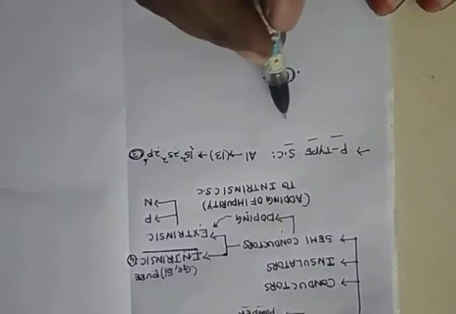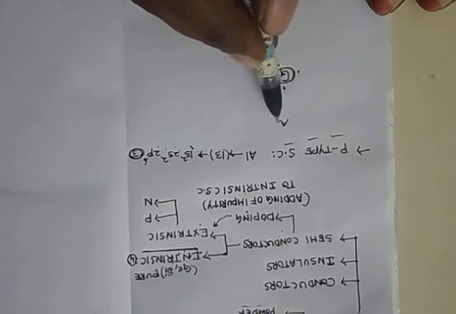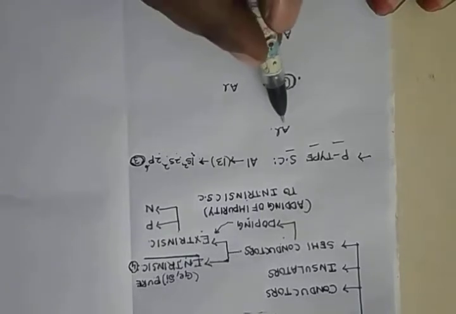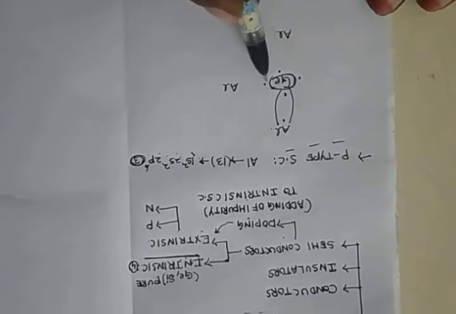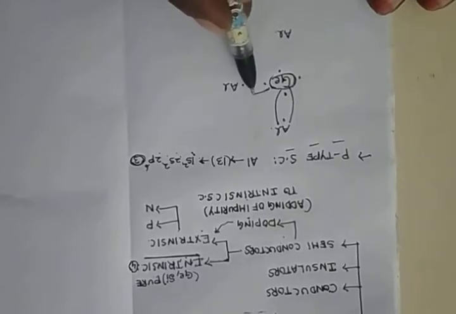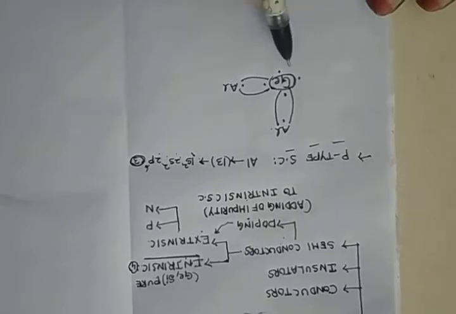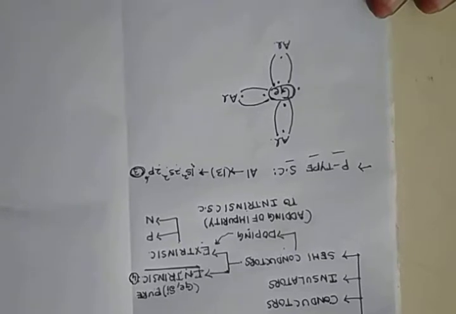So now I am taking this as aluminum. So what happens? There is covalent bond formation. How many covalent bonds are formed? 3 covalent bonds are formed initially.